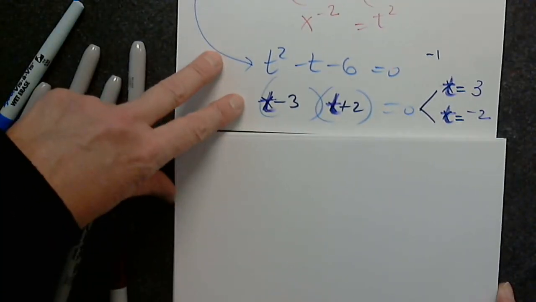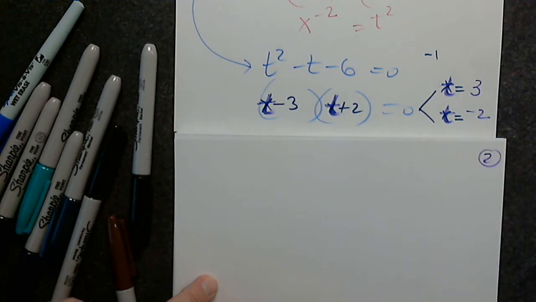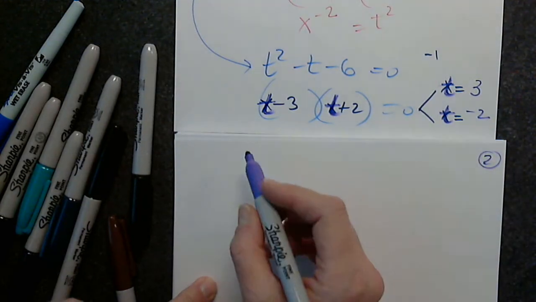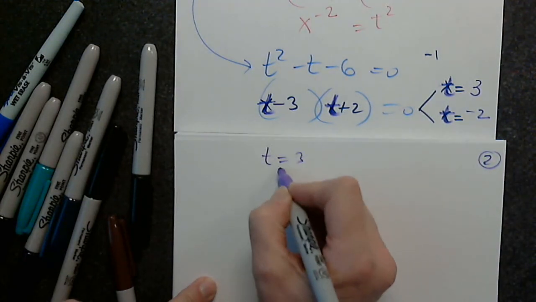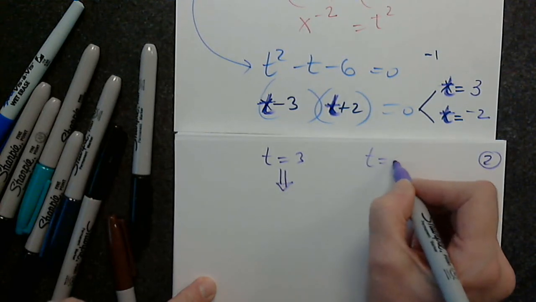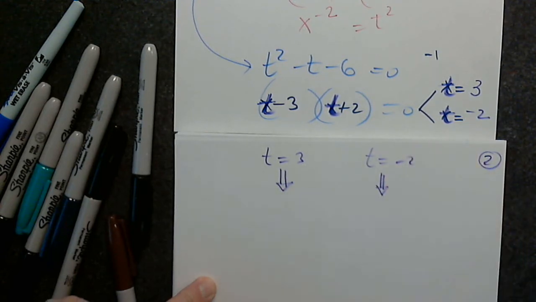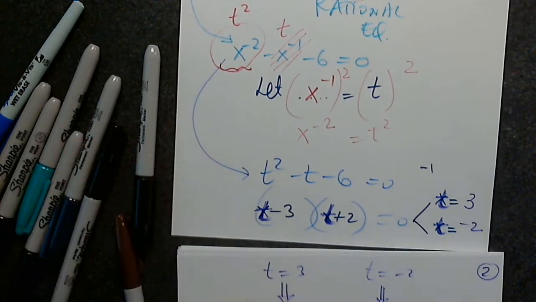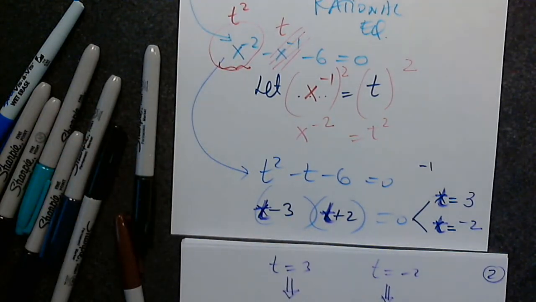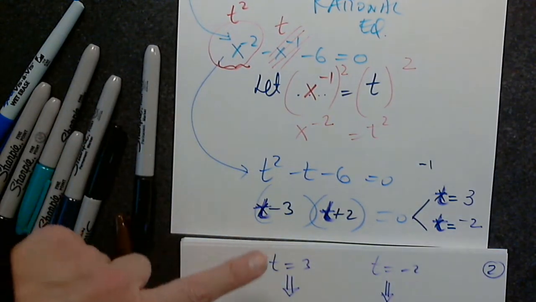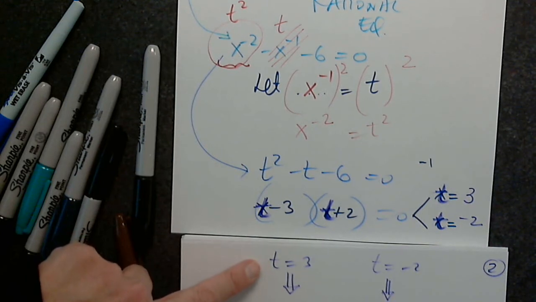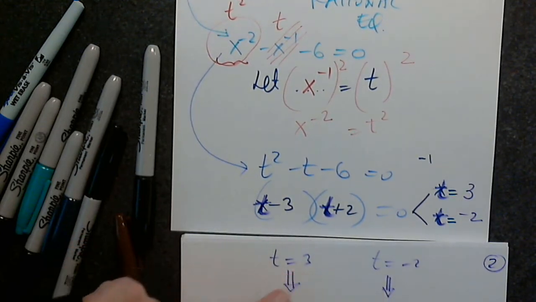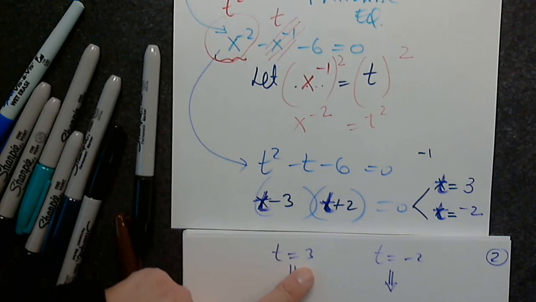And now we have two more equations to solve. Can anyone dictate the new equations we need to solve? T equals 3 represents, and t equals negative 2 represents, a new equation. Two new equations. What are they? What is the first one? X to negative 1 equals 3.